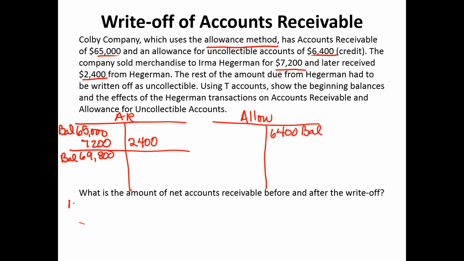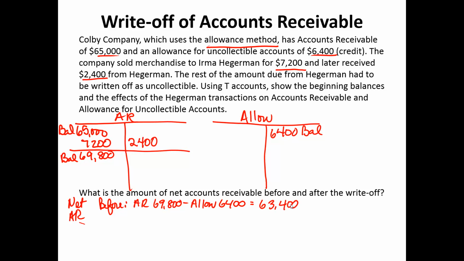If I wanted to look at my net accounts receivable before the write-off, it would be the accounts receivable balance of $69,800 minus the allowance balance of $6,400. So the net realizable value is $63,400.